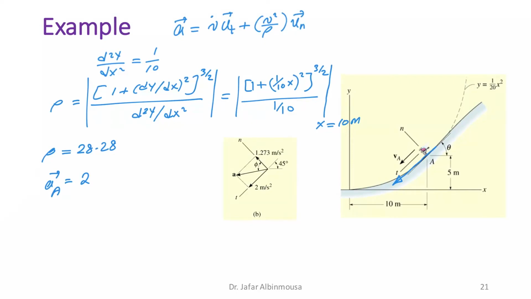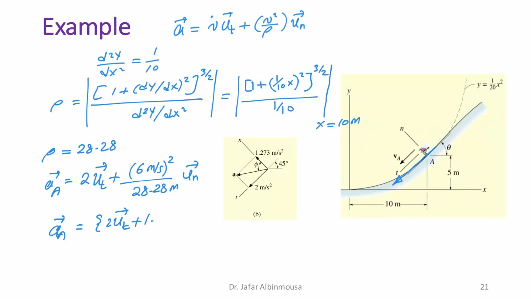So this is 2 ut plus 6, which is the velocity, 6 meters per second squared, divided by 28.28 meter un. And what we are going to get is aA equals 2 ut plus 1.273 un. And this is in meters per second squared.